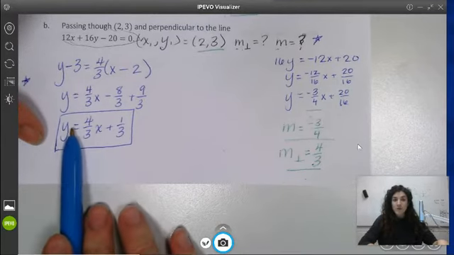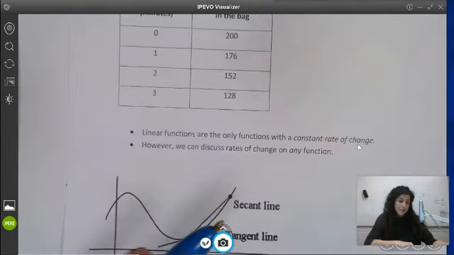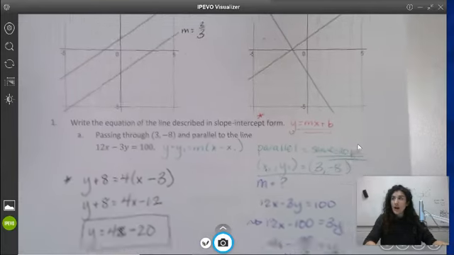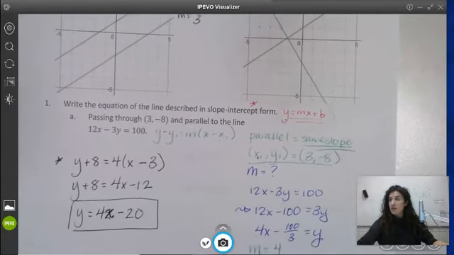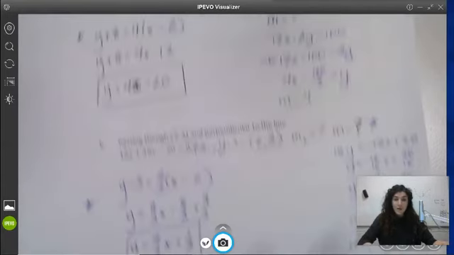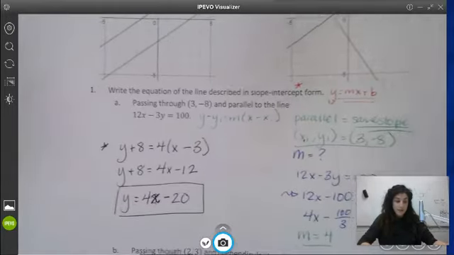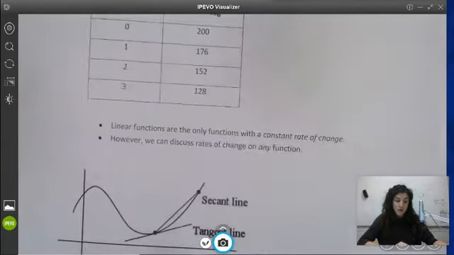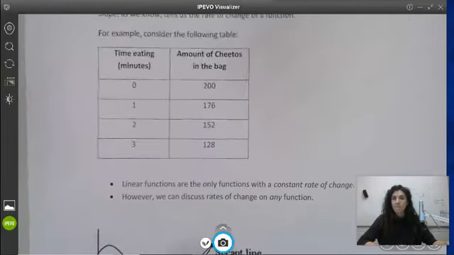Your final form should be 4/3 x plus 1/3. Okay, that is it in regards to writing equations of parallel and perpendicular lines. You've now gotten an example of each of them, which means that we're done with our examples for this section of our notes. If it's something that you're confused about, you can always go to the additional help on your resources page and practice it some more if you would like.